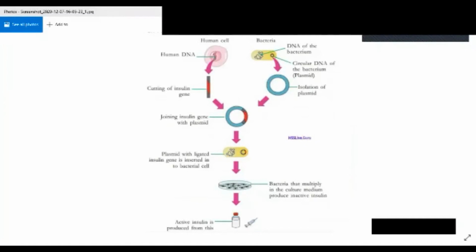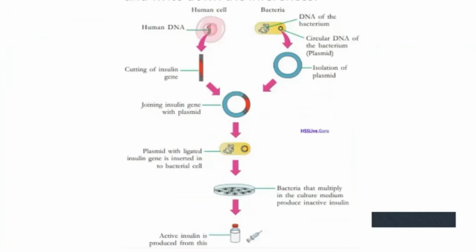So here you can see the cell of a bacteria and a human cell. Both bacteria and human cell consist of DNA. The DNA of the bacteria is known as the plasmid. And then we also have DNA. On the DNA, what will be present? Genes are present.